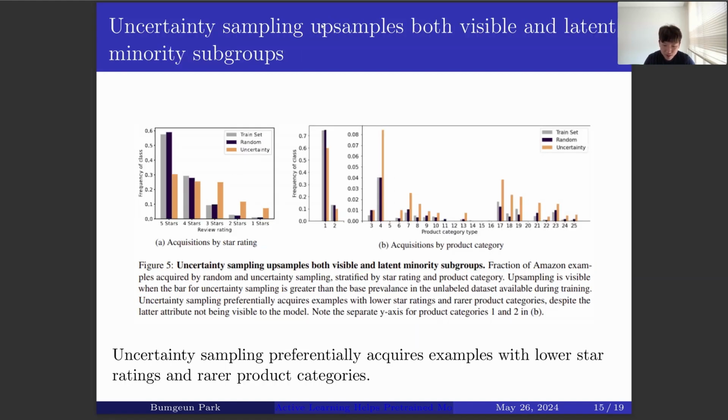Also, uncertainty sampling can upsample both visible and latent minority subgroups. Not only does the model upsample lower star ratings, which are less common, it is also able to upsample rarer product categories, which is a latent attribute.